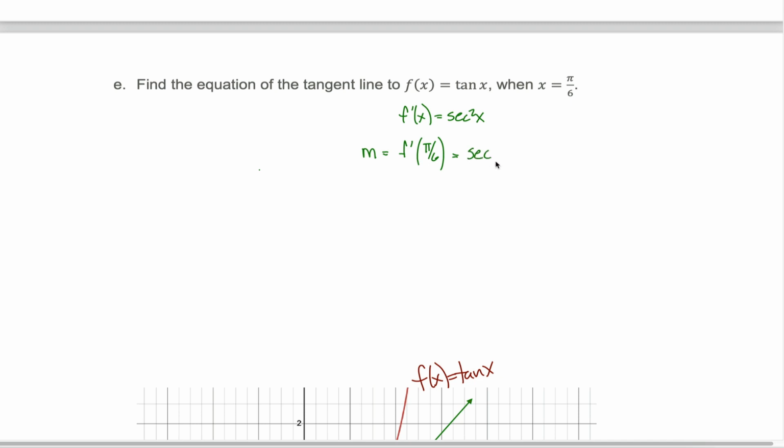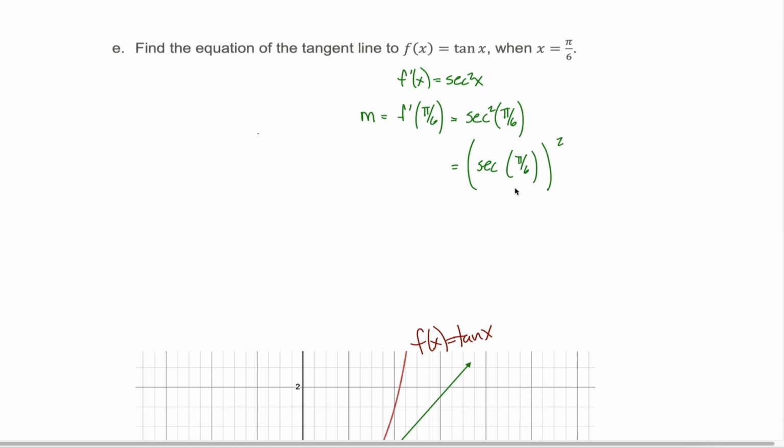So f prime of pi over 6 is whatever secant squared of pi over 6 is equal to. You probably don't have memorized what secant squared of pi over 6 is equal to. But what you could do is rewrite this as the secant of pi over 6, squared. And then you're like, okay, that seems a little bit more manageable, but I don't have memorized what secant of pi over 6 is equal to.